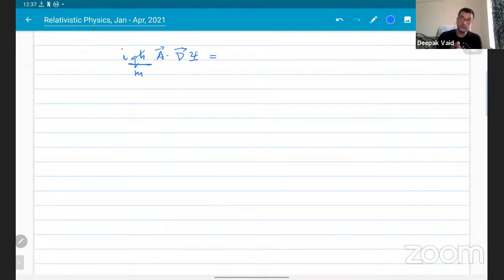And for the special case of a static uniform external magnetic field, we can write A. So this becomes q h bar by m, and this is all just a constant. So A can be written as R cross B dotted with the gradient of psi.